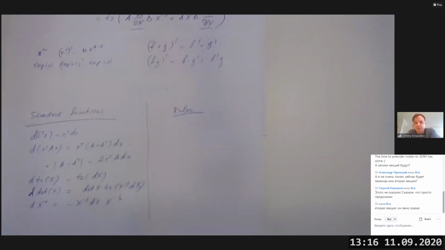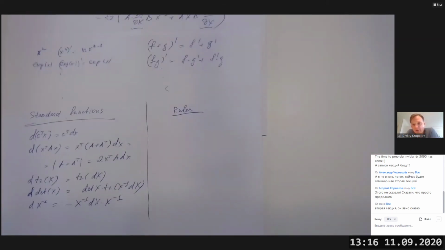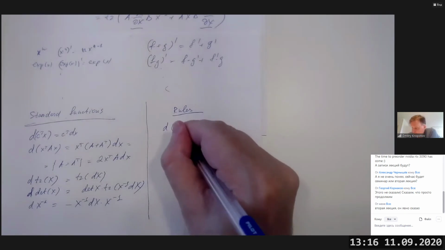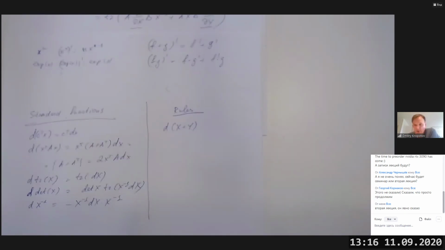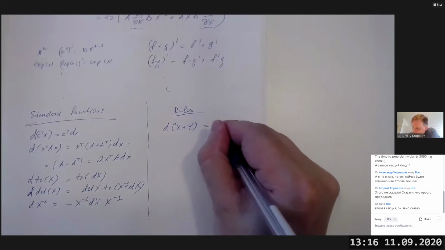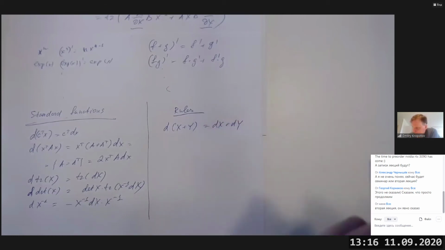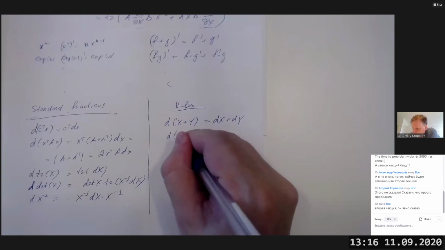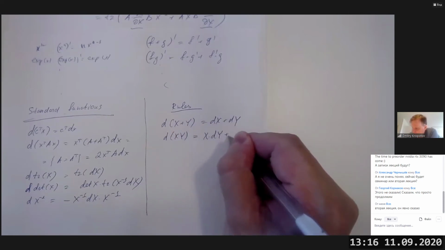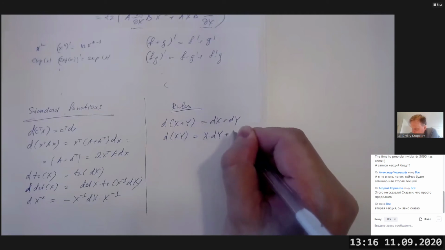And then also we need a table of rules on how to calculate the differential. Well, these rules are quite standard. The differential of a sum is just a sum of differentials. Differential of a product can be calculated in this way.